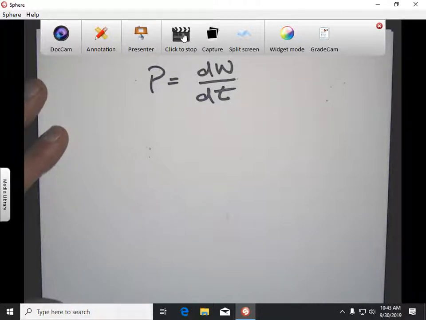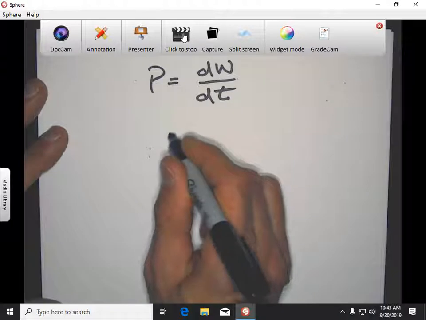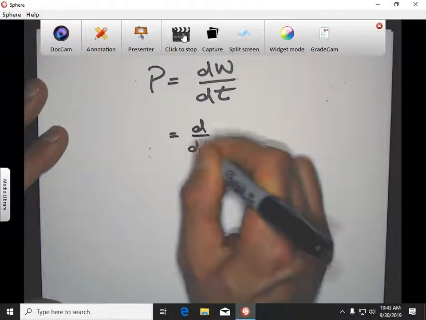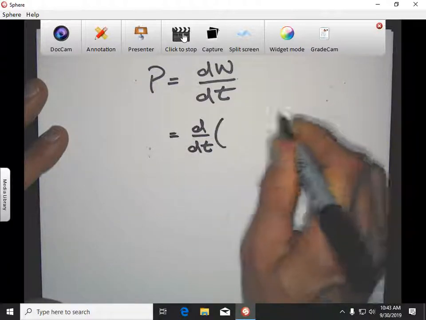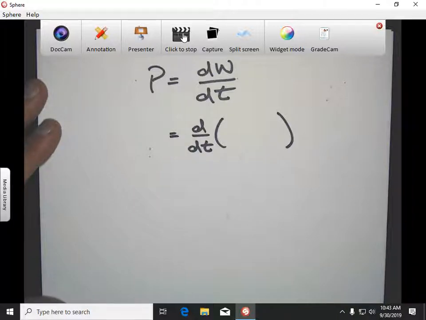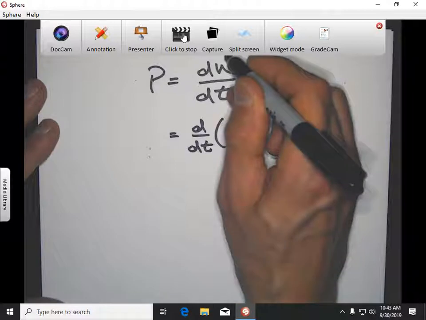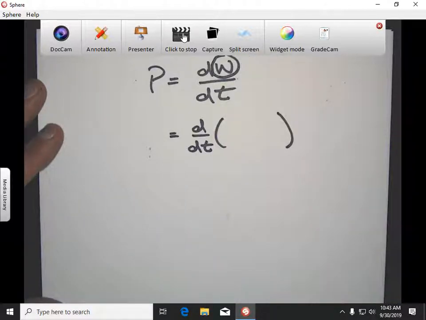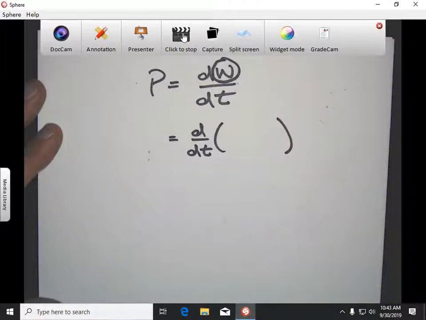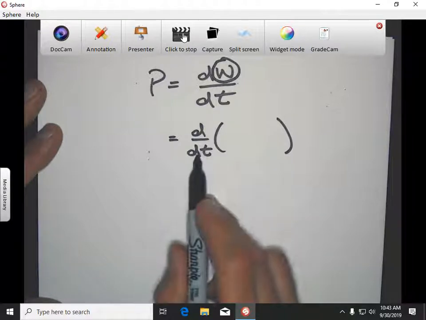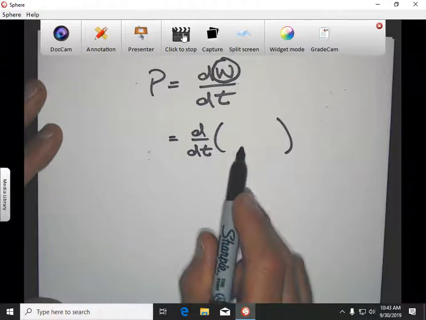Okay. And if we write it that way, you can basically say, well, I'm going to focus on the work part of that, right? Because that's what the derivative is acting on. The d dt is acting on the work part.